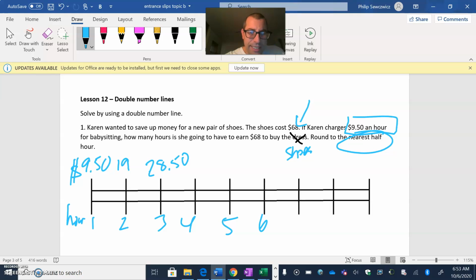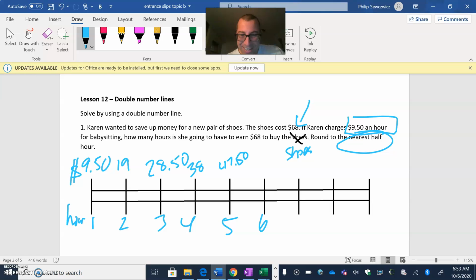Add another $9.50, and now I'm at $38. Yeah, still not enough. Add another $9.50 on, and now we're at $47.50. Still not enough.